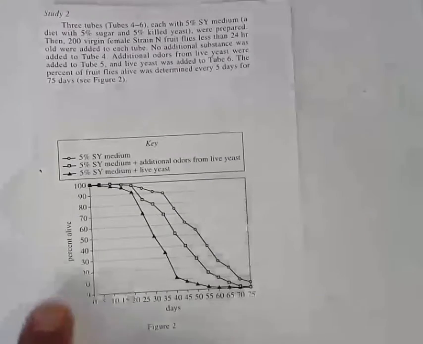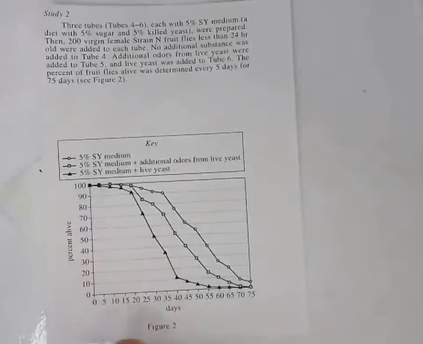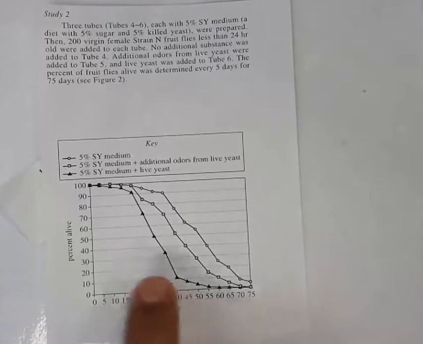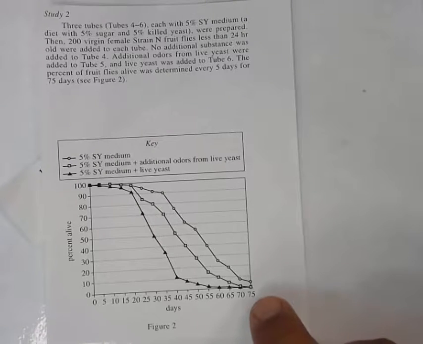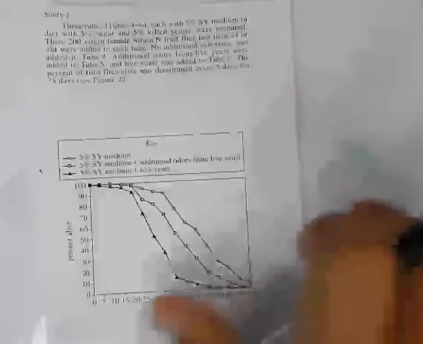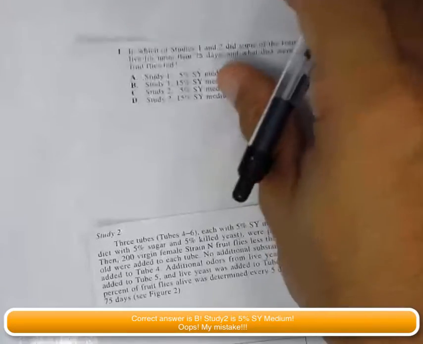Study 2, this is how we're reading the graph. We're looking at days on the bottom. In study 2, we have a couple that appear to get better, but notice that at 75, only one of them is still alive, and that's the one with the circles. So if we go up to the circles here, we see that's the 5% SY medium, which is answer A.